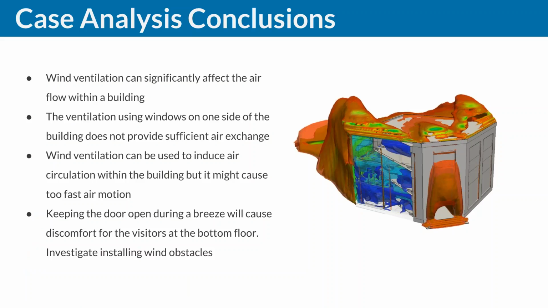Try to reduce the discomfort at the ground level by using obstacles. And in the worst case, you can come up with a design solution where the second and third floor are ventilated naturally, and for the ground floor you maybe use some fans.